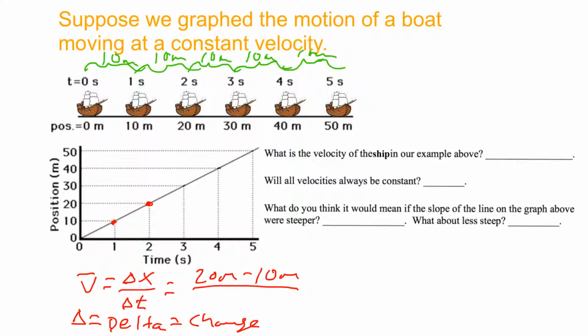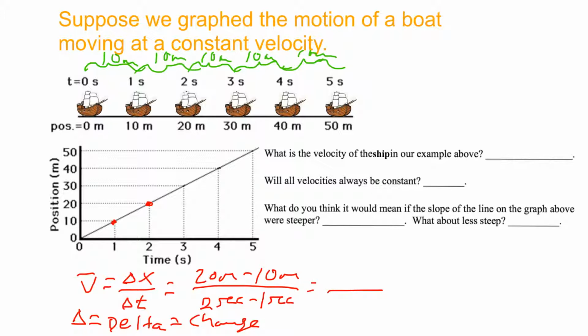Alright. And then we're going to look at our x-axis. Remember, y2 minus y1, x2 minus x1, so the y is position, x is time, or position over time. They're the same exact thing. Alright, so time was 2 seconds minus 1 second.